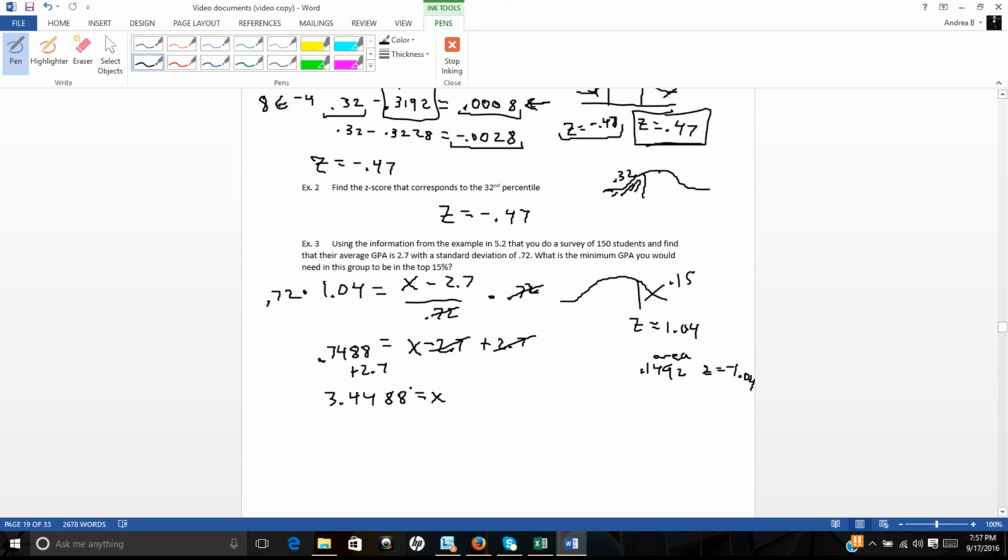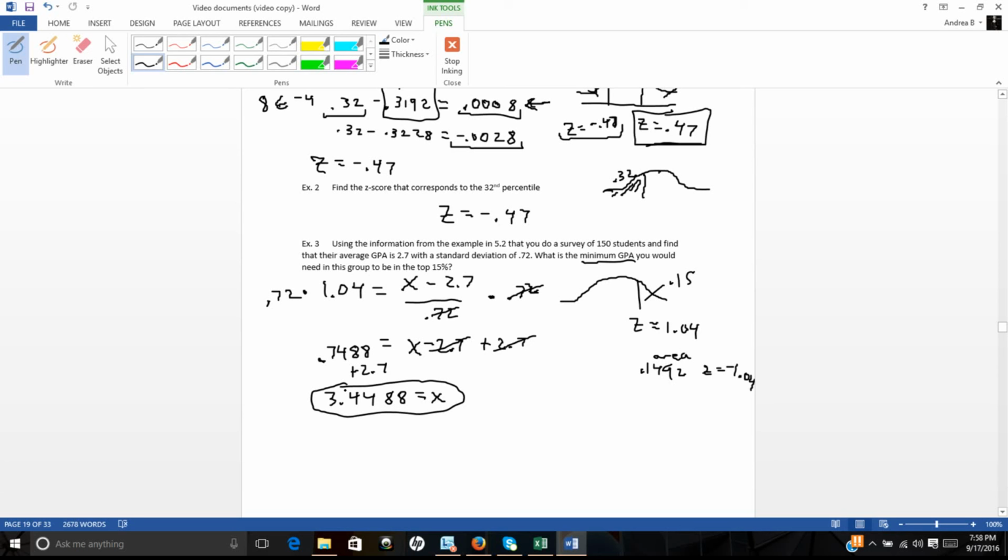Remember, the x in this case is telling you what the minimum GPA you would need to be in the top 15% of this class. So you'd have to have at least a 3.45 approximately for the GPA there. So that would be what we'd be looking for then, for that GPA to be in the top 15%.